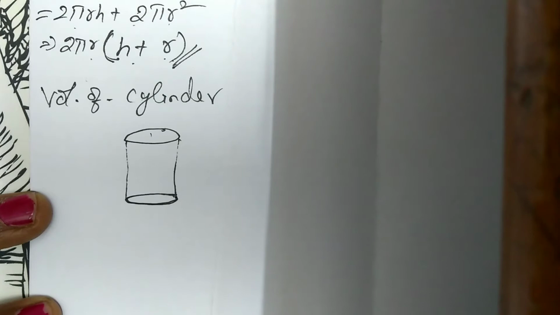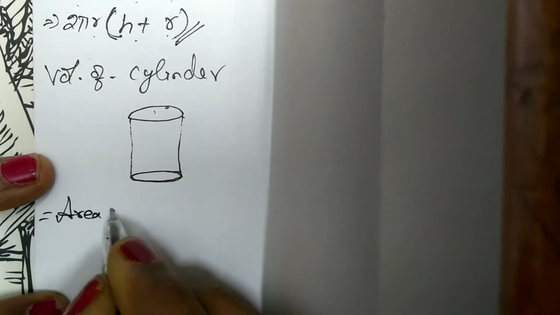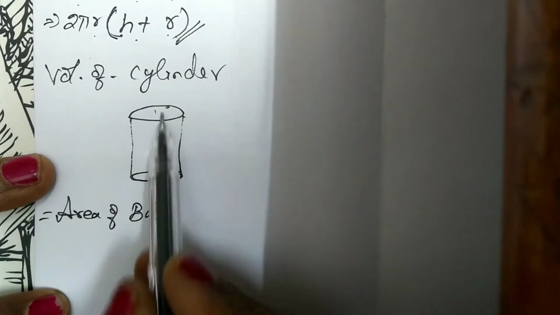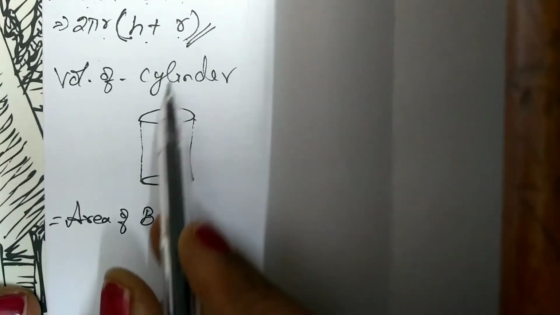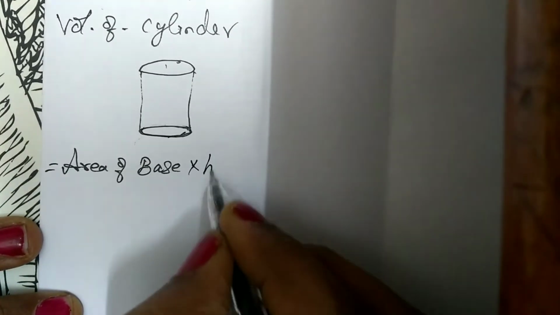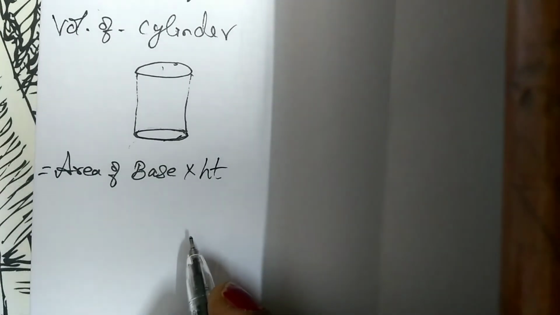In that, we will be finding the volume of the cylinder. So the volume of a cylinder is based on the area of the base, because if you have to put anything inside, the base should be closed, otherwise it will become a hollow cylinder. So the volume of a cylinder is based on the area of the base and the height. You can say how much it occupies, whatever you are putting inside.